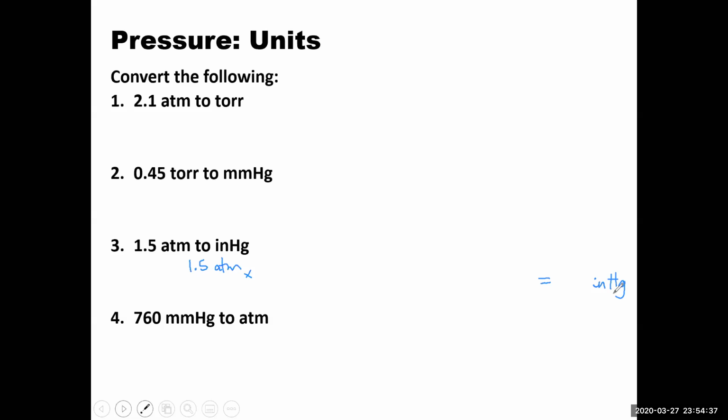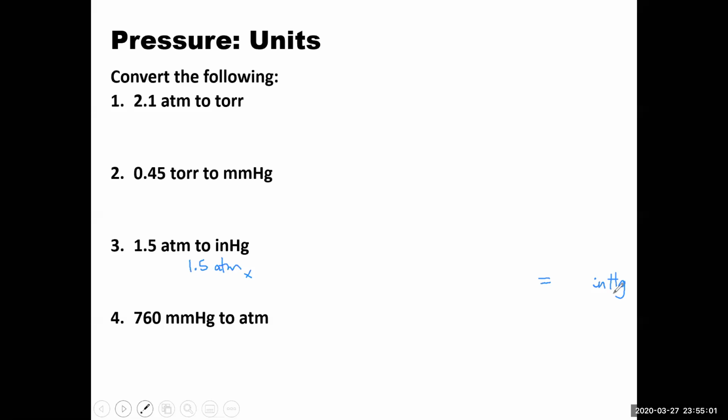Oftentimes you can find on the internet or in your textbook a direct conversion, but for your exam, you're not going to have all of your conversions available. So you will not have a direct conversion from atmospheres into inches of mercury.